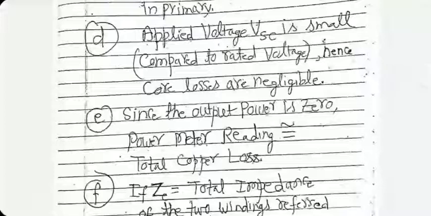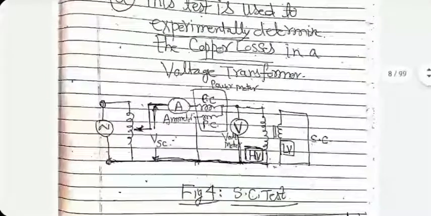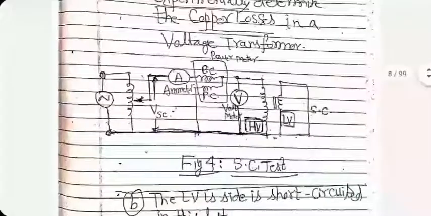The power meter reading is approximately equal to the total copper loss in the transformer, referred to the input side. But we know the turns ratio, so we can always convert the result if we want the losses in the secondary and primary to be separated.